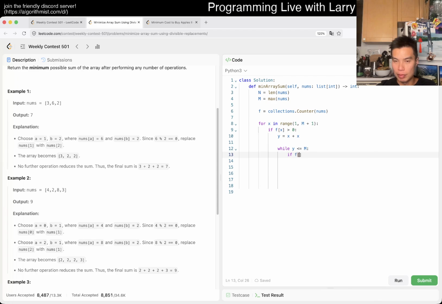If f of y is greater than 0, then f of x we add f of y, and f of y is equal to 0, right? Because they just become that way. Okay, I think that's fine then. And then total is we just sum up all the keys, right? Something like that.